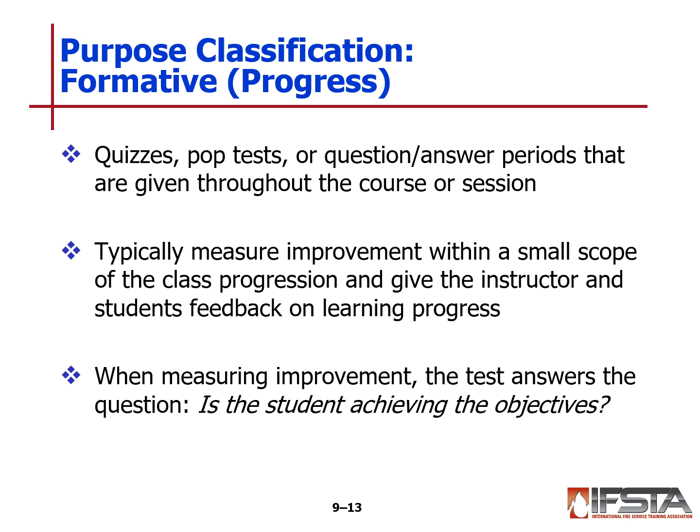Formative tests may be quizzes, pop tests, or question-answer periods that are given throughout the course or session. These tests typically measure improvement within a small scope of the class progression and give the instructor and students feedback on learning progress. When measuring improvement, the test answers the question: is the student achieving the objectives?